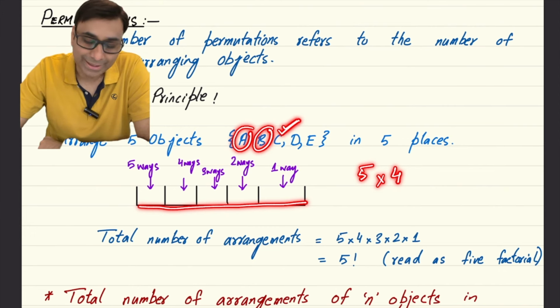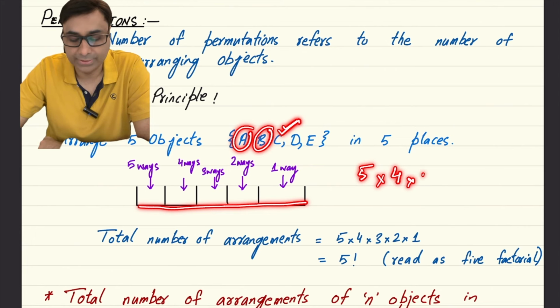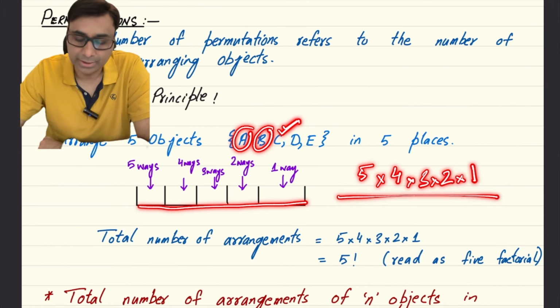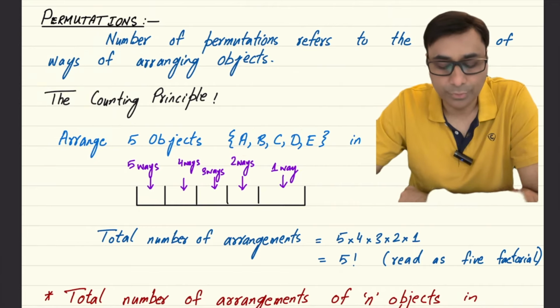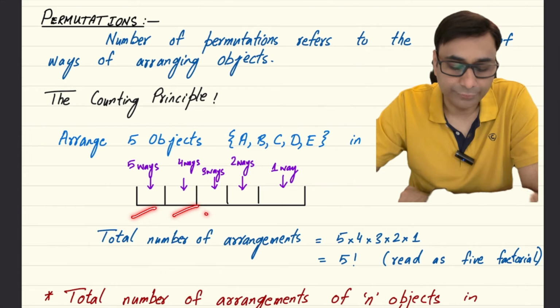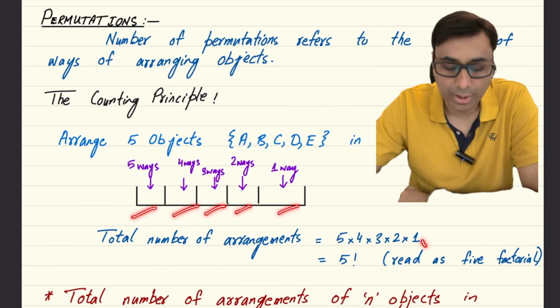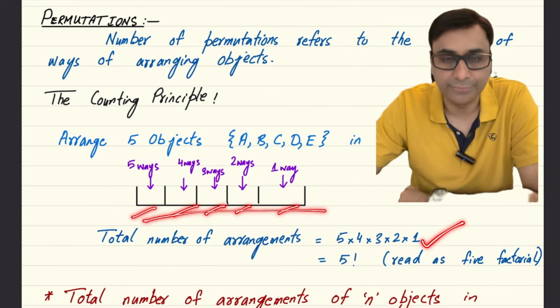Similarly, when you're putting in C, you have 3 spaces remaining for C. So that's why multiplied by 3, and then 2 spaces for D, and there will be only 1 space left for E. So that again comes down to 5 factorial. Either way, your judgment would be that there are 5 into 4 into 3 into 2 into 1 possible ways of filling these 5 slots.